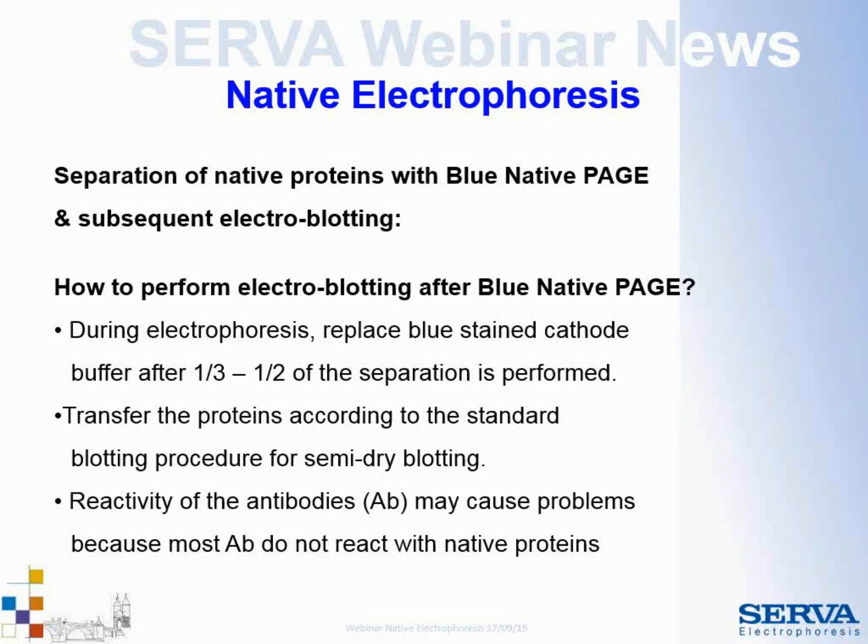But you always have to keep in mind that native proteins may show different reactivity towards the antibodies used, because many antibodies do not react with native proteins because folding of the proteins may cover the epitope the antibody reacts with, and so this can be a problem in subsequent Western blot detection.